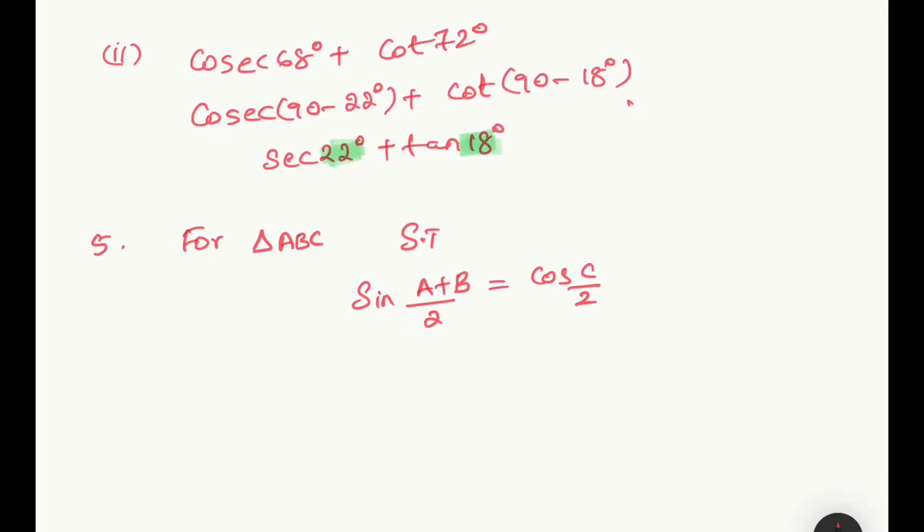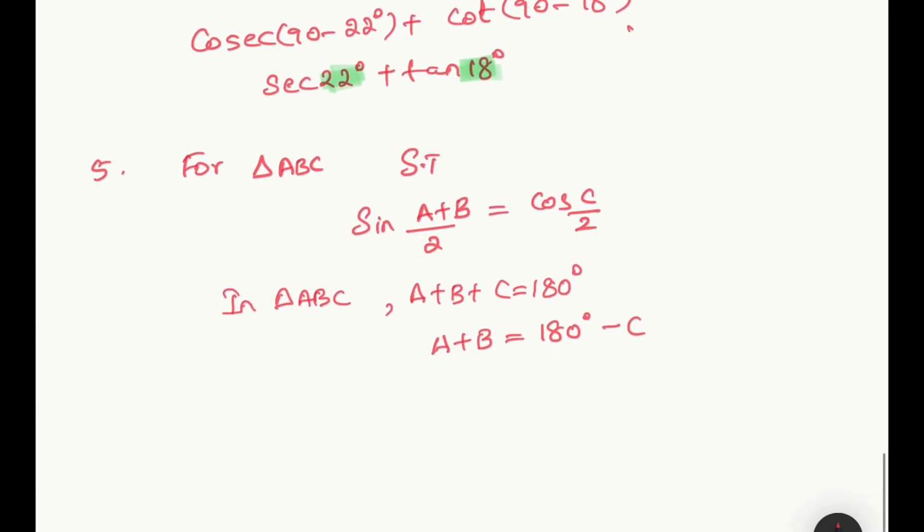In triangle ABC, I can directly write A plus B plus C is equal to 180 degree. So I need A plus B on one side, no? So I'll take A plus B is equal to 180 minus C. Okay, taking C to the other side because I need only A plus B in LHS and C in the RHS. So I am concentrating on LHS now.